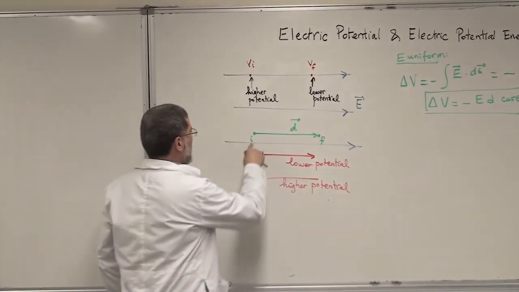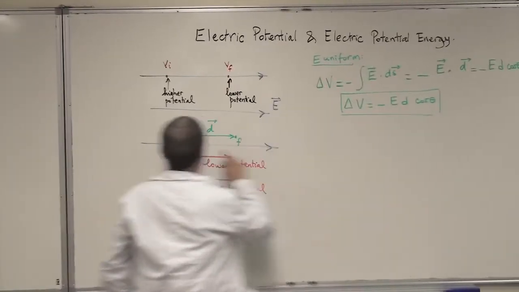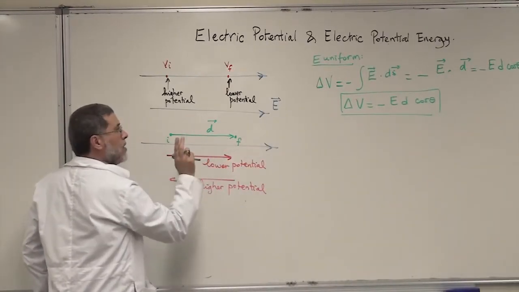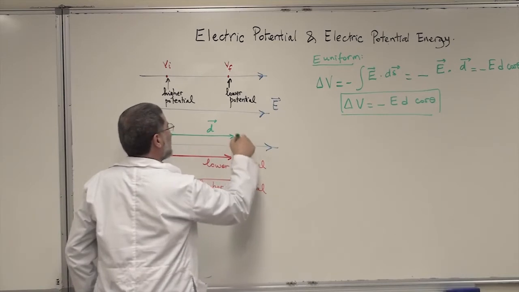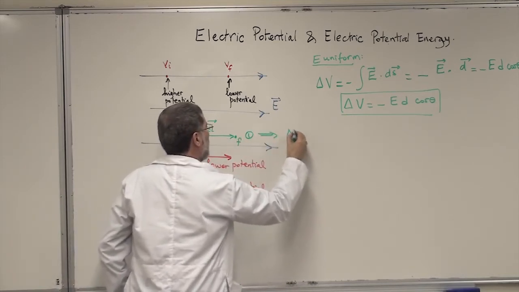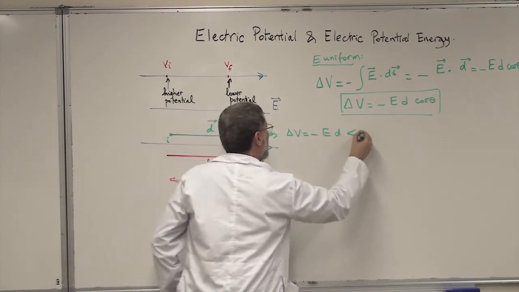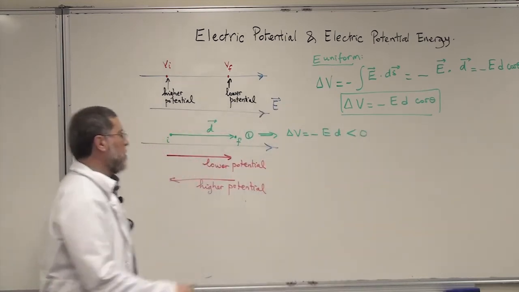So as you move from this point to this point, the angle between E and d is 0. So how much is delta V for this case? Case number 1. Here delta V is minus E d, and this will be negative. You were expecting this.